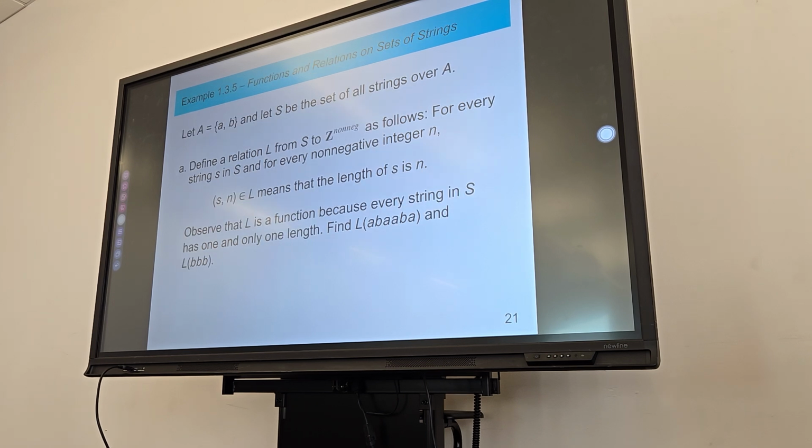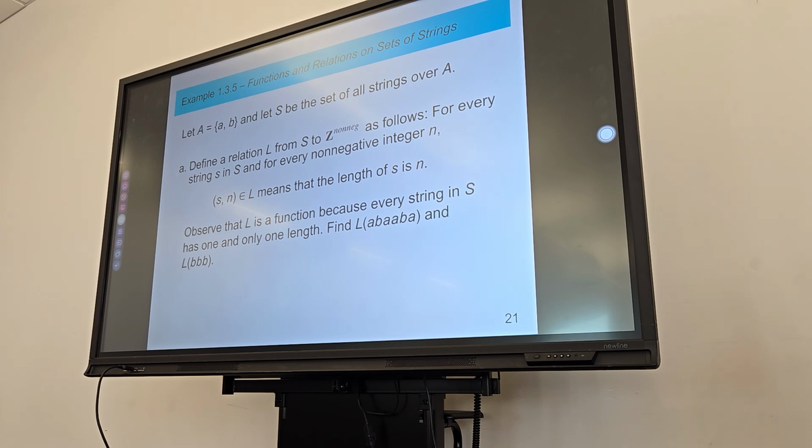Now, sets of strings. Let A equal the set with elements a and b, and let S be the set of all strings over A. Define a relation L from S to the non-negative integers as follows.